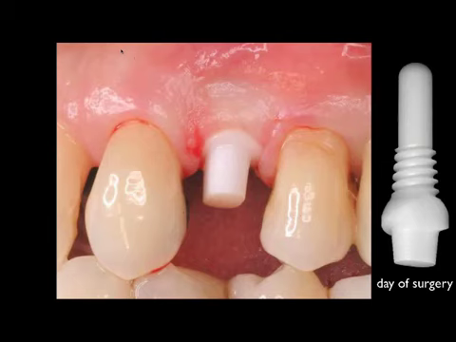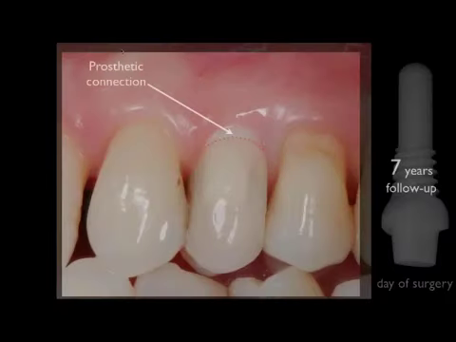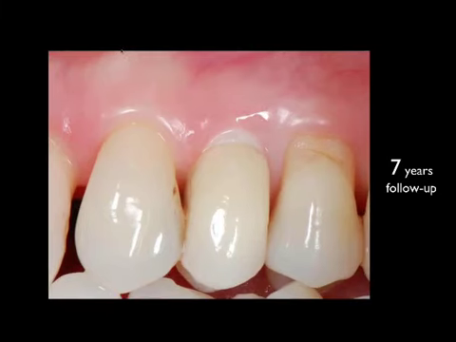At 7 years, this is what we look like. The prosthetic connection, the only connection, is supragingival or equigingival, just like a natural tooth, just like a crown on a natural tooth would be. And we have tissue that supports this complex.